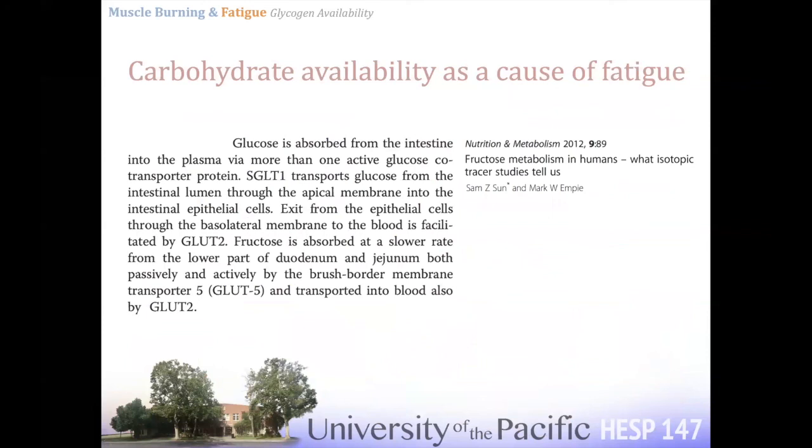Now, why not just give them more glucose? You have a maximum absorption rate of glucose and a maximum absorption rate of fructose. So glucose, you're going to have a different mechanism. This sodium-dependent glucose transporter, you're going to have a slightly different mechanism of getting it into the cells. Fructose, different, right? You have GLUT5 and GLUT2 for fructose.